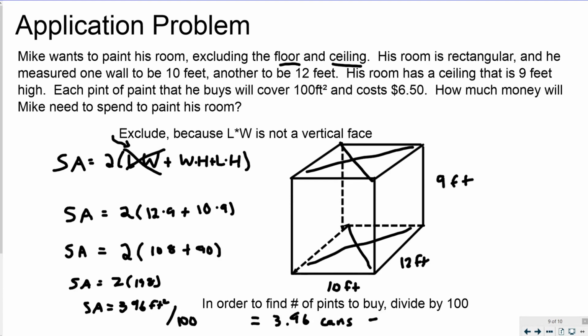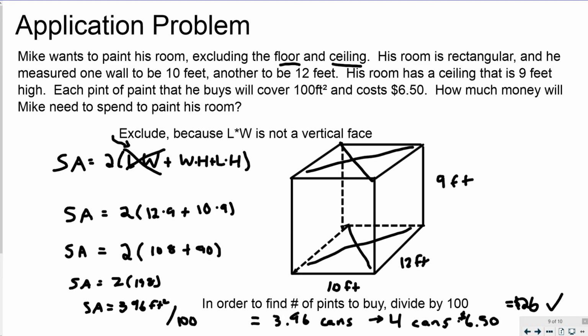So we're going to round it up to 4 cans, and then multiply that times $6.50 per can. 4 cans times $6.50 is going to cost $26. So he's going to need to buy $26 worth of paint, 4 cans, in order to cover the walls of his room.